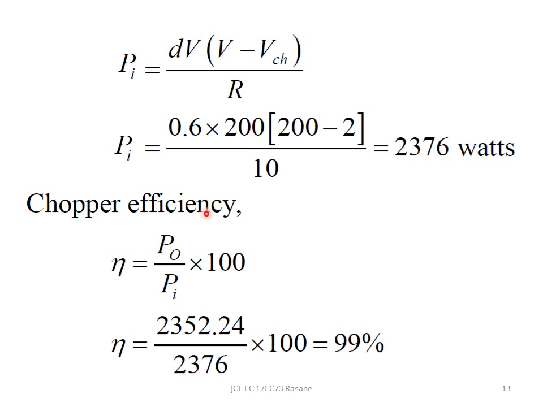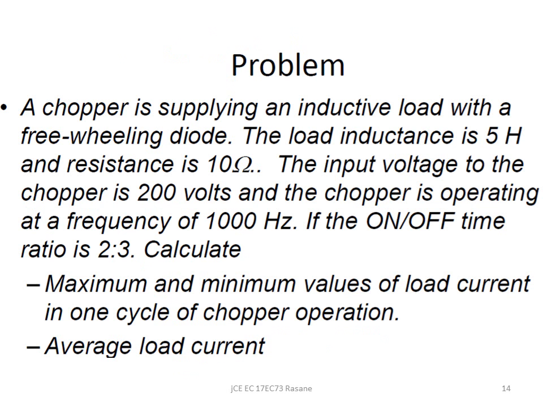So the chopper efficiency is defined as P naught by Pi into 100. So 2352.24, that is P naught, upon 2376, that is P input power, into 100, you should be getting efficiency as 99%. So we have evaluated all required parameters.